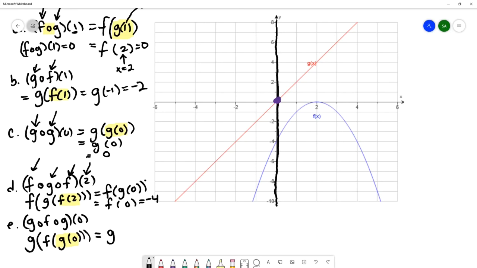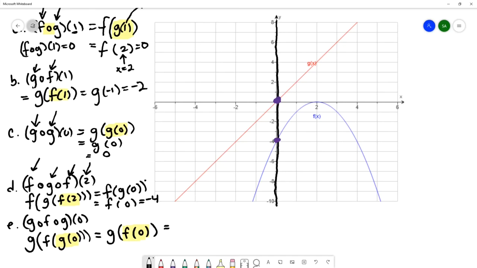So now we have g of f of 0. Now we're going to find f of 0. We've already got the vertical line x equals 0. We're interested in this point here where that vertical line crosses f of x. The y-coordinate there is -4.